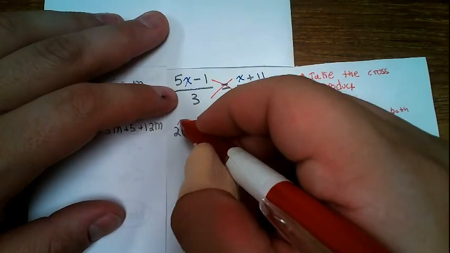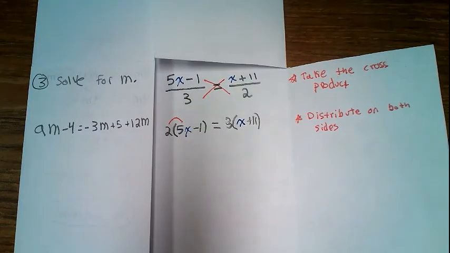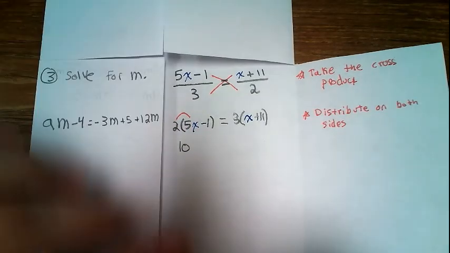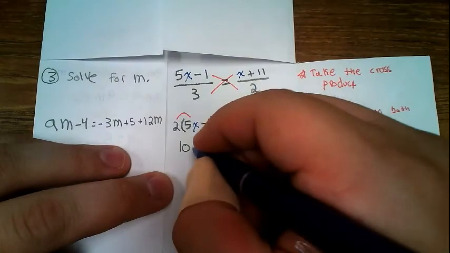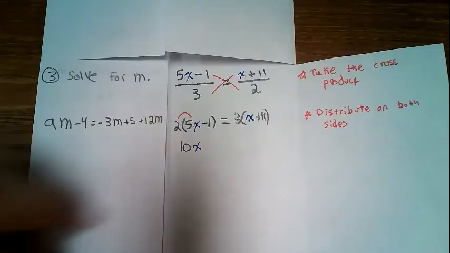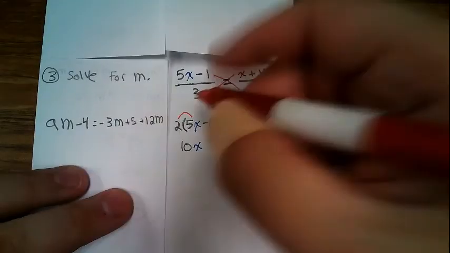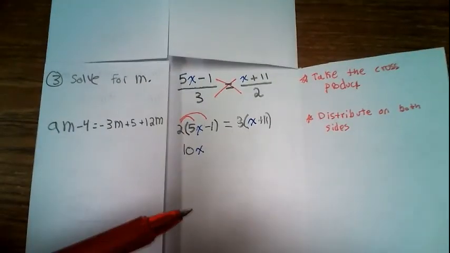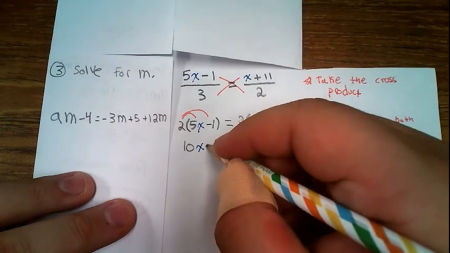So 2 times 5x is going to give me 10x. And 2 times negative 1 is going to give me negative 2, or just minus 2.